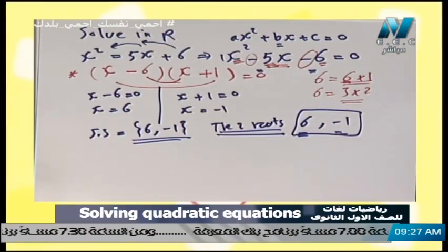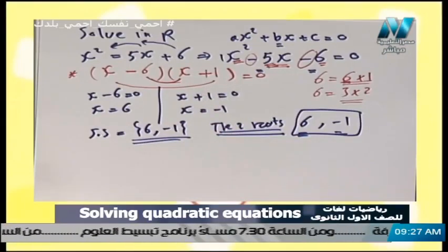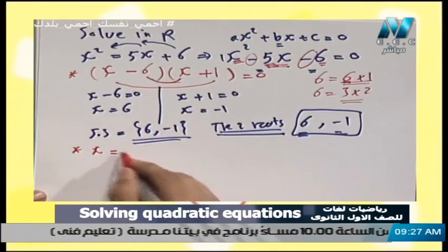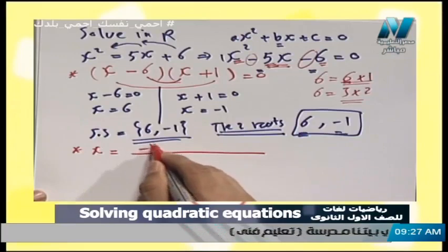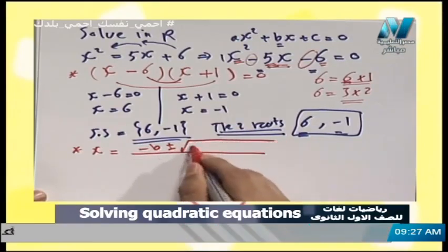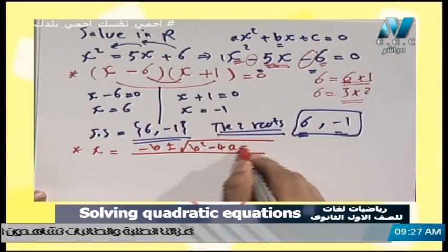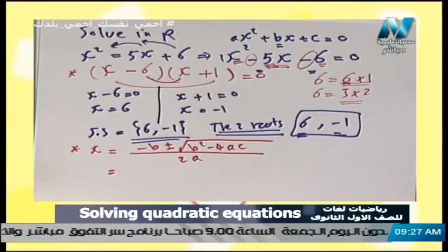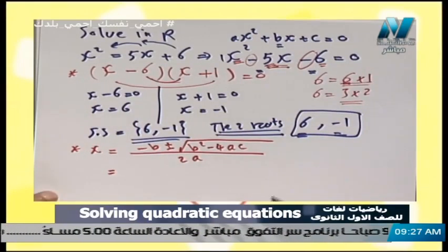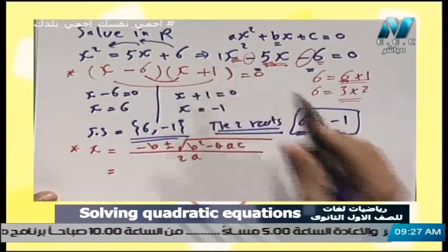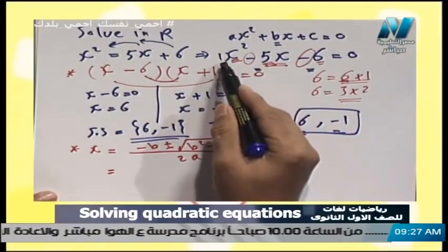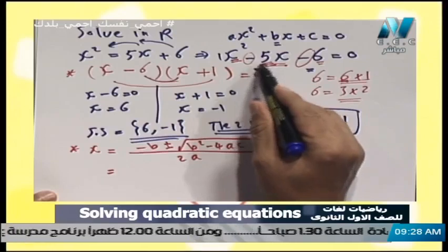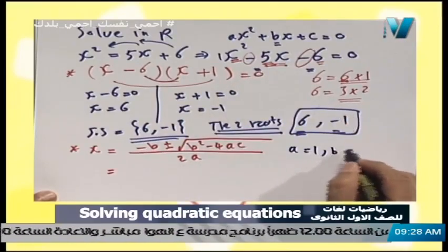We have the method of factorization, and now the second method, which is the general formula. As we know, x equals negative b, positive or negative, the square root of b power 2 minus 4ac, over 2a, and by substituting a, b, and c, we have a equals 1. 1 is the coefficient of x power 2, so a equals 1, and b is the coefficient of x, so b equals what?